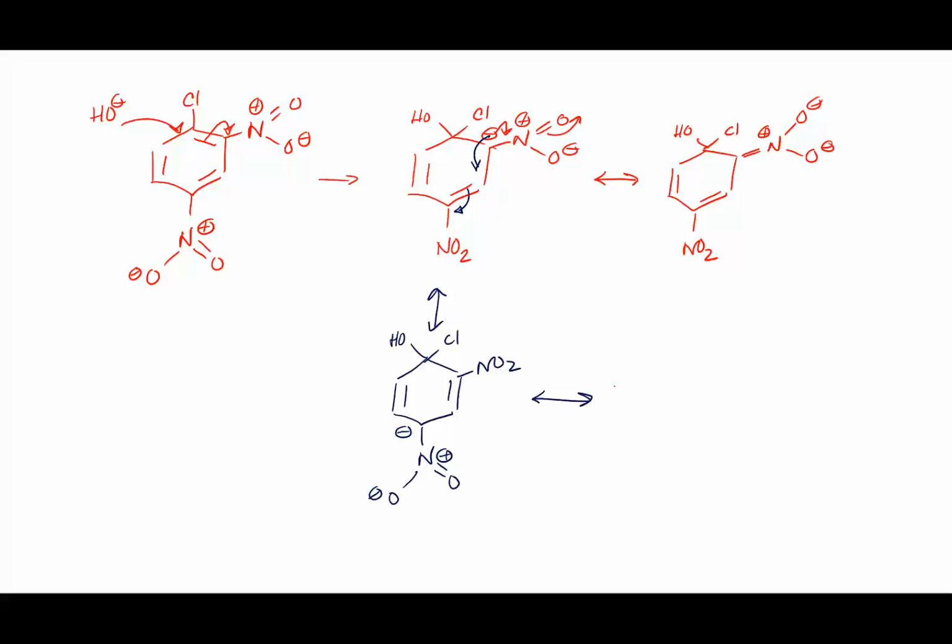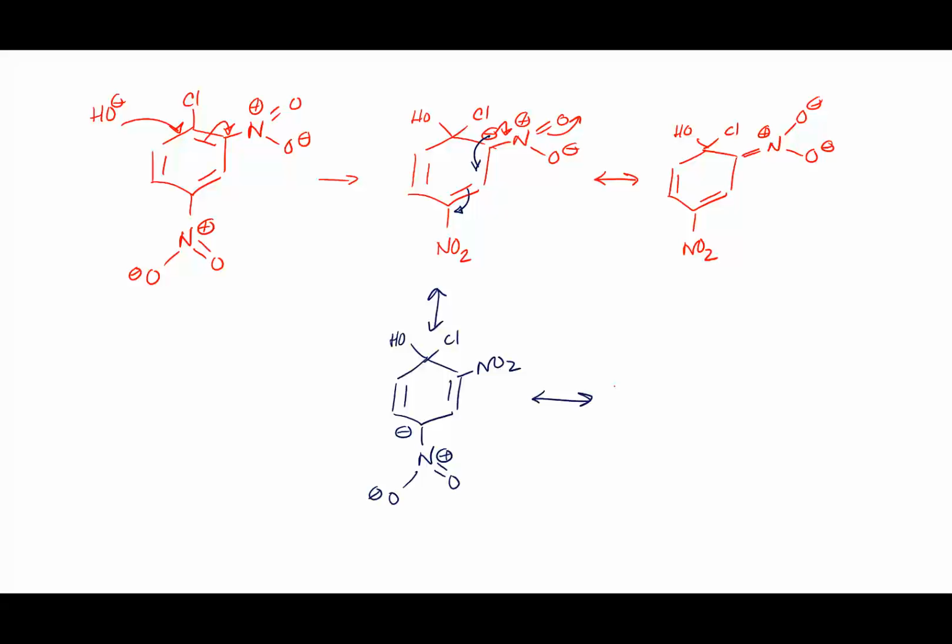So the reason that the electron withdrawing groups have to go in the ortho and para positions is that I need to stabilize that negative charge once the nucleophile comes in and adds to the benzene ring. And if I don't stabilize it, there's no reason for a negative charged nucleophile to attack a benzene ring that itself is electron rich.